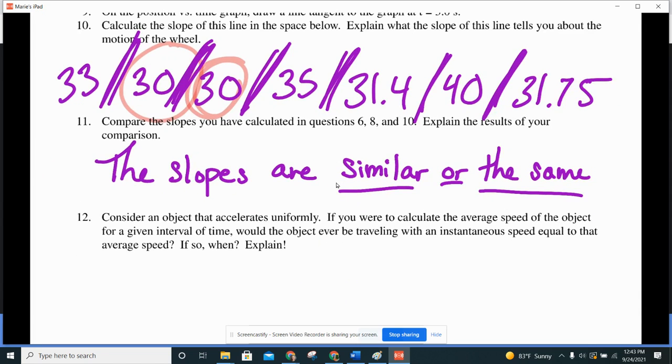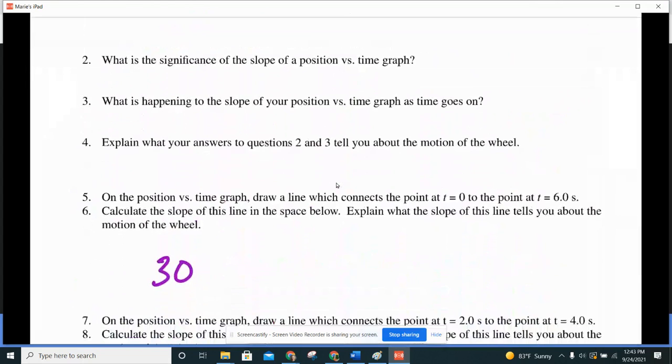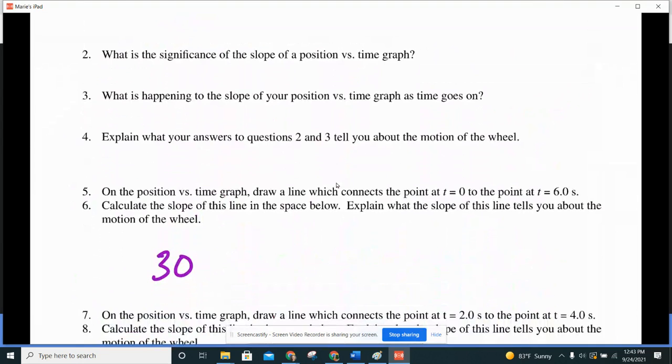Alrighty, so the last thing I want to do is go back up here and look at number 2, 3, and 4. What is the significance of the slope of a position versus time graph? Good. So if we're looking at slopes, you told me 3 things though. You said how far, how fast, and how much it's speeding up.